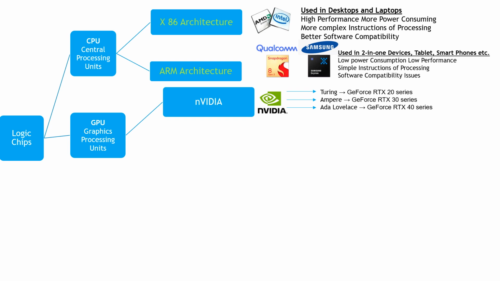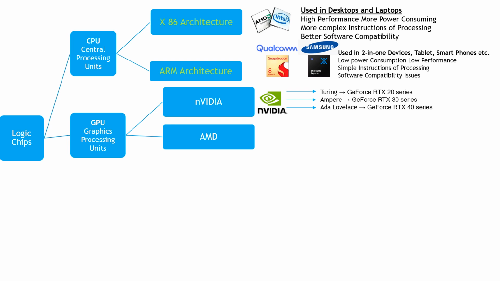NVIDIA follows its own specialized architectures in designing its GPUs, like Turing, Ampere, Ada Lovelace. These are specialized architectures used by NVIDIA, which is considered the market leader in the manufacturing of graphics processing units used in computers, desktops and laptops.